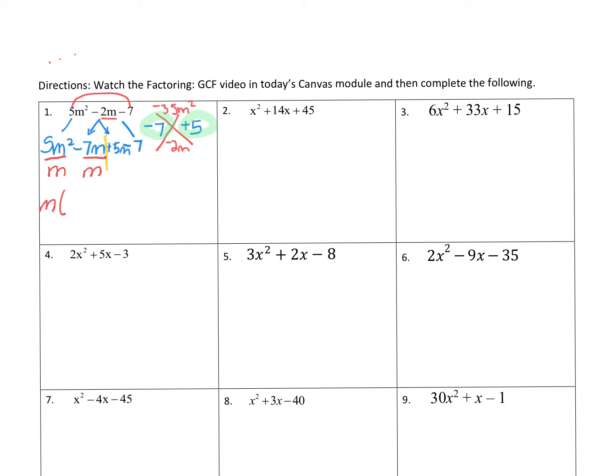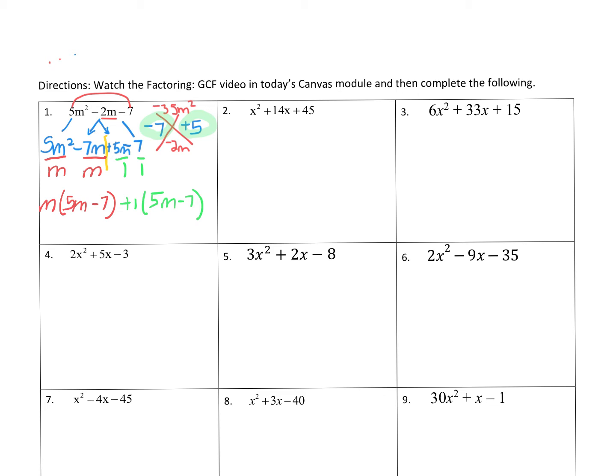And I'm going to factor out an m. I'm going to look at the second group, and between 5m and 7, the only thing in common is going to be a 1. And that 1 will be positive.